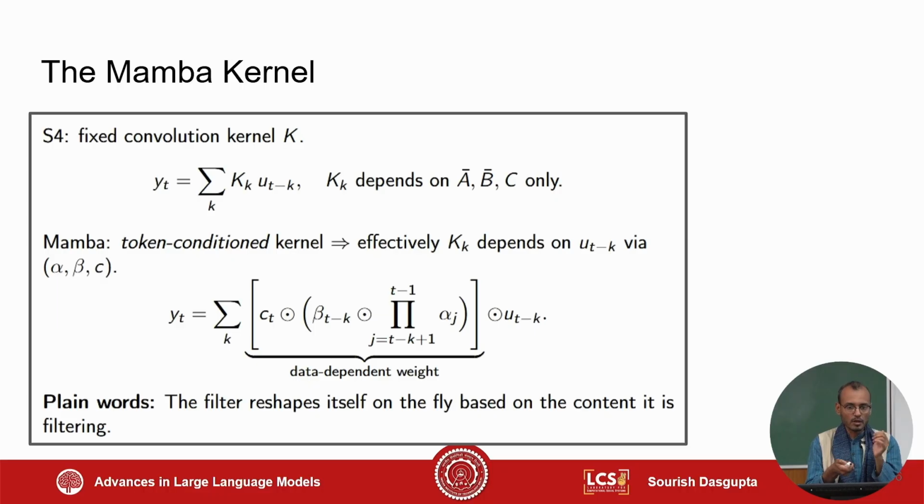So the overall form remains the same. It's just that your K has become input sensitive. So the filter reshapes itself on the fly.